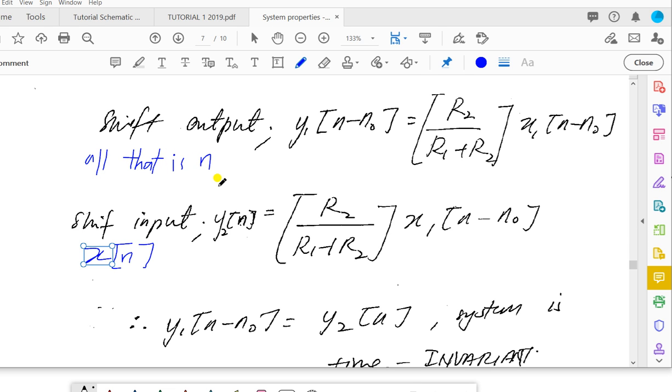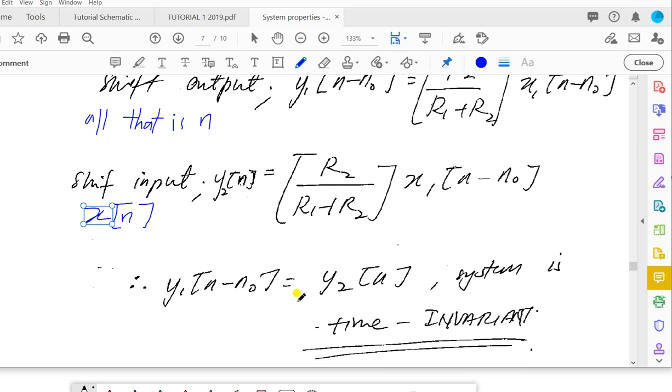Then you compare the two, and if they are the same, then the system is time invariant. It means that it does not change with the time variable. This one will change because time changes, but there's no explicit change in time.